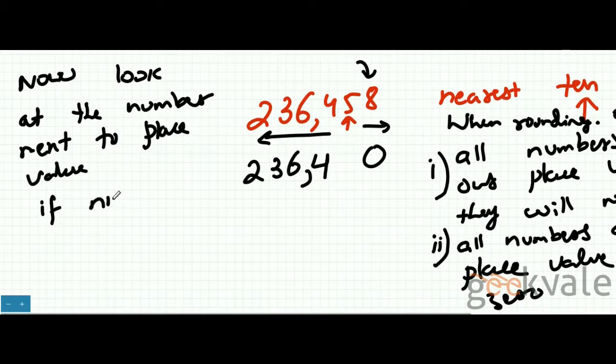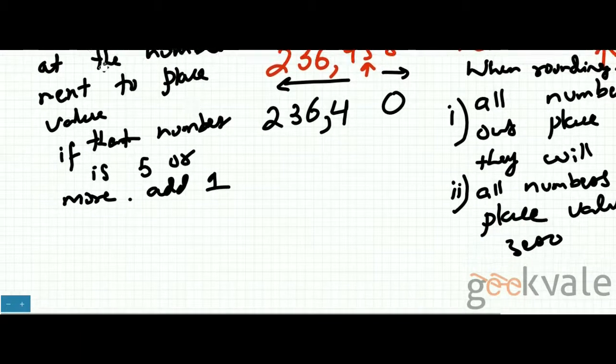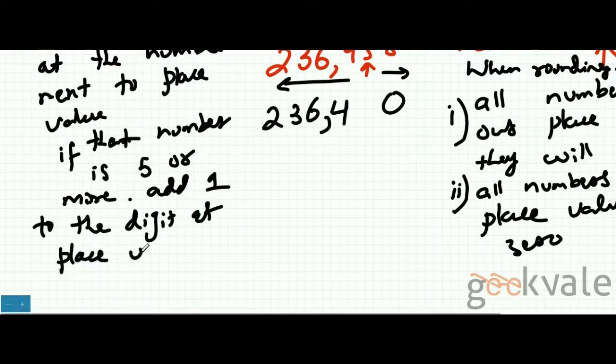If that number is 5 or more, that means bigger than 5, add 1. Add 1 to what? To the digit at the place value. Simple.